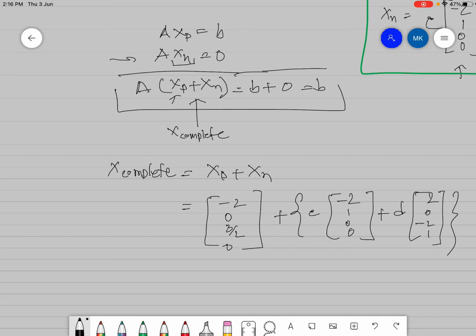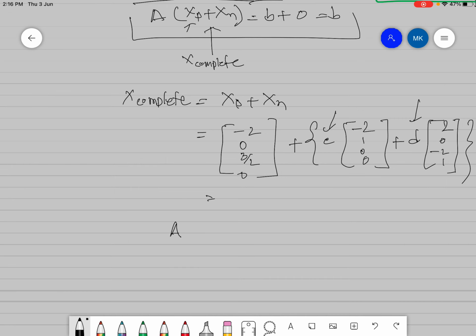Now if you have any confusion in your mind, just take any values of c and d and add the whole thing here and multiply with A, and you'll see that you will get b, okay? So please do check it if you have any sort of confusion.